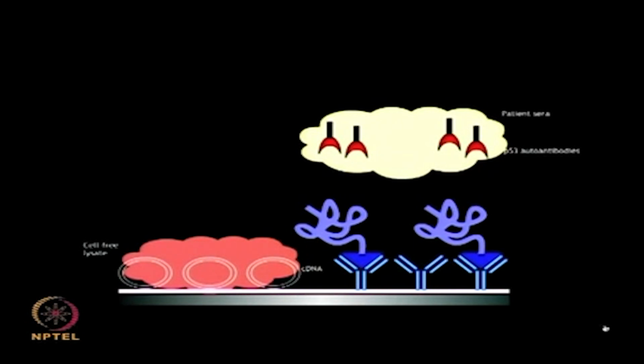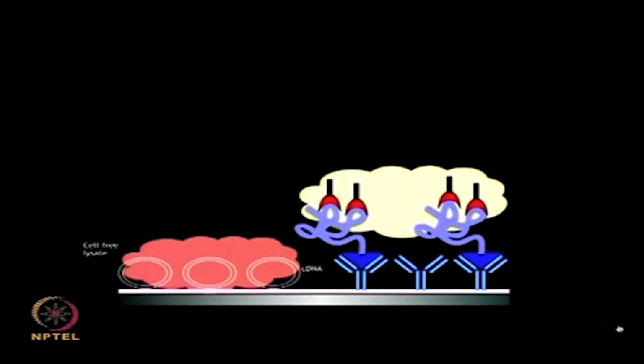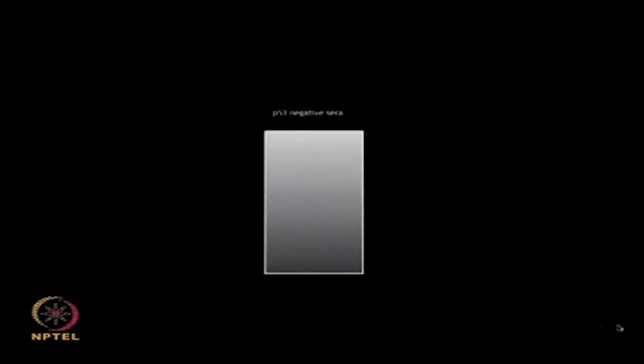After addition of the cell-free lysate, proteins are expressed, which can then be probed with the diluted sera of breast cancer patients which contain p53 autoantibodies. In this study, detection was carried out by means of HRP linked anti-human IgG.